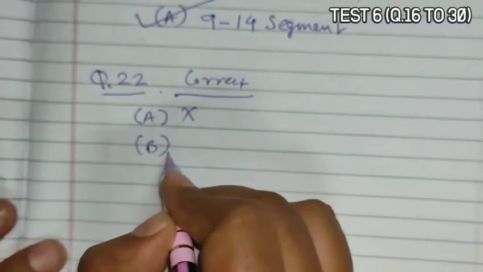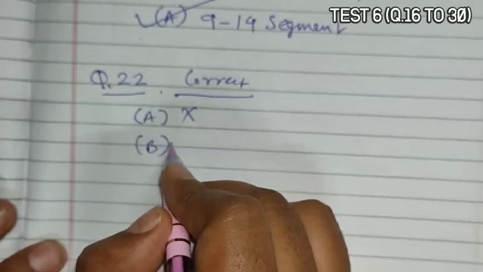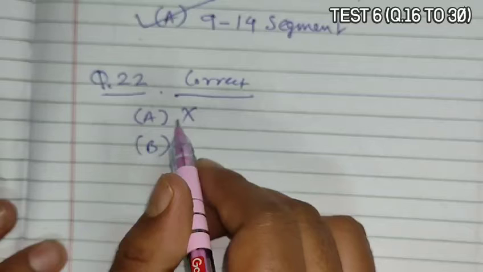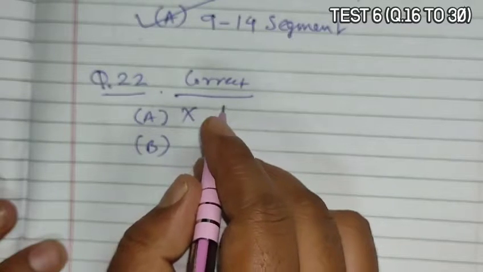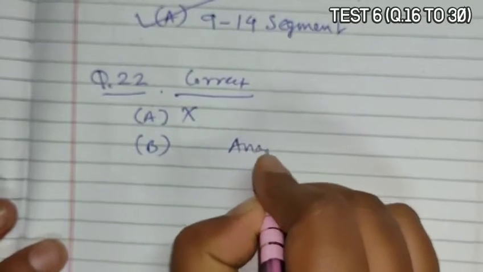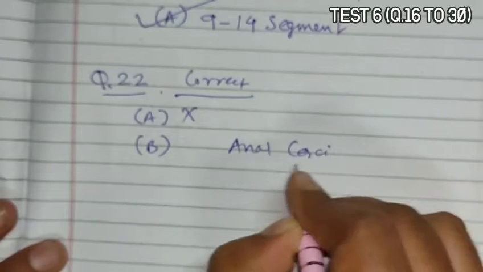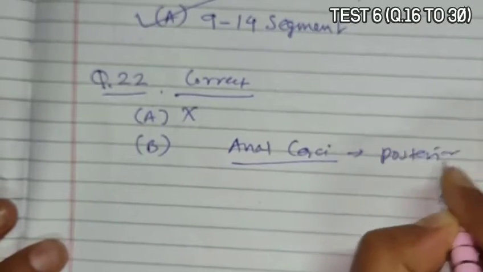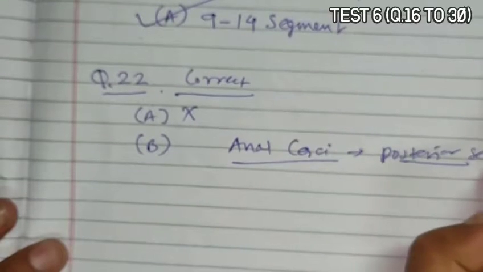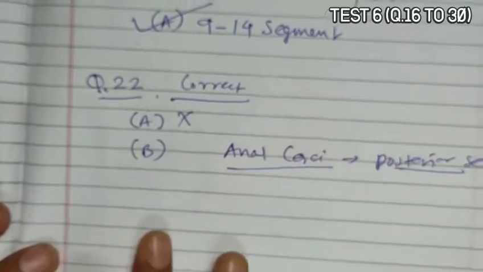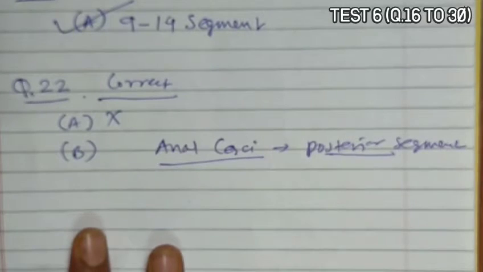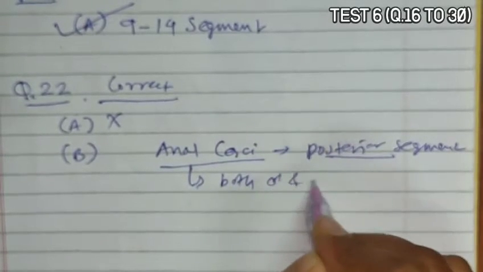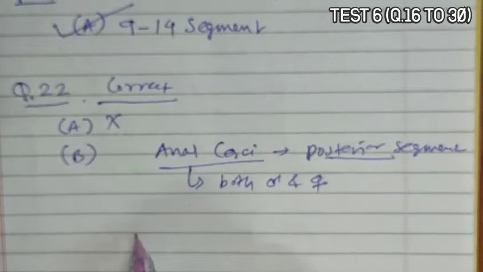Option B says males bear a pair of short thread-like anal styles. The posterior segment of cockroach bears appendages named anal cerci. Remember, anal cerci are present posteriorly and are found in both male and female.